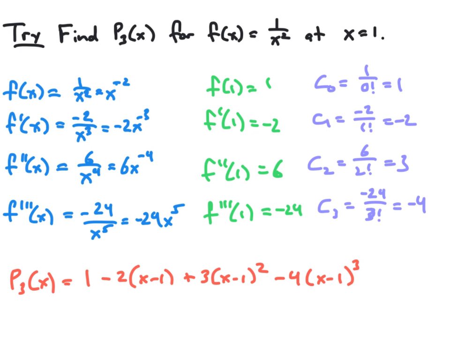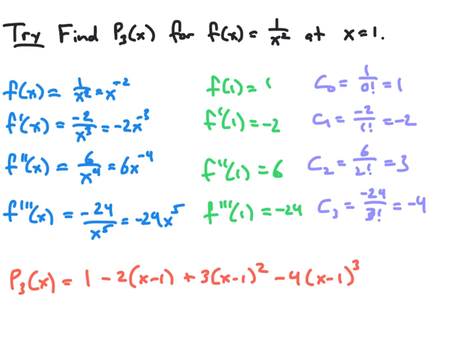We then find our coefficients by dividing the nth derivative of f at 1 by n factorial. So c sub 0 will be 1 divided by 0 factorial, which results in 1. C sub 1 will be negative 2 divided by 1 factorial, which gives us negative 2. C sub 2 will be 6 divided by 2 factorial, which will be 3.